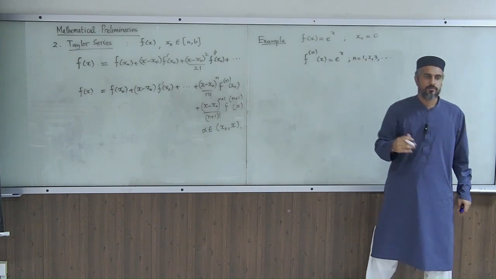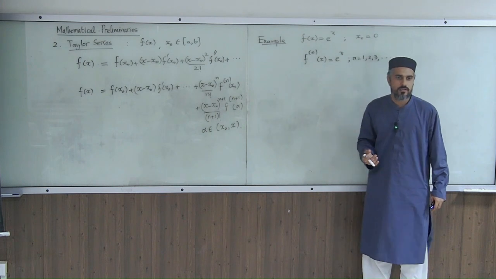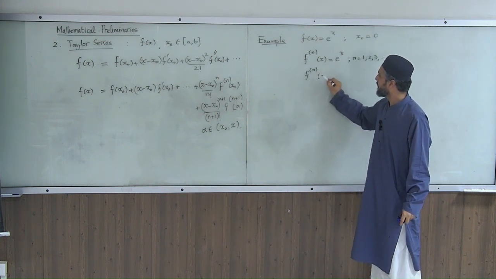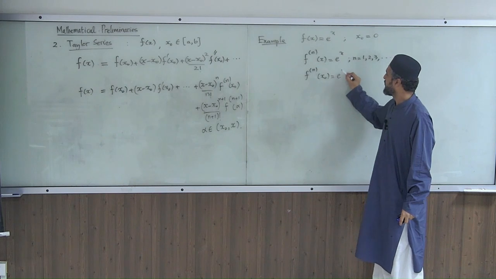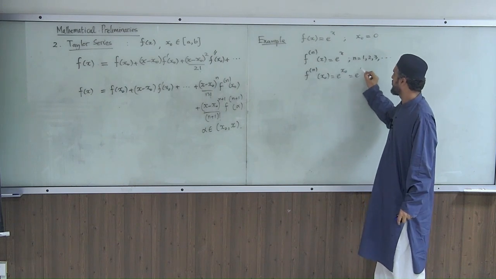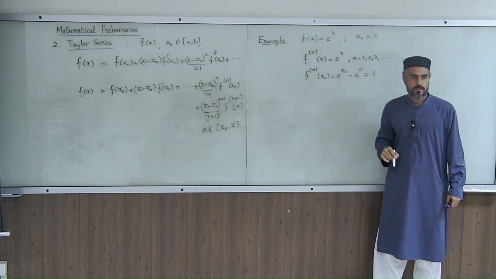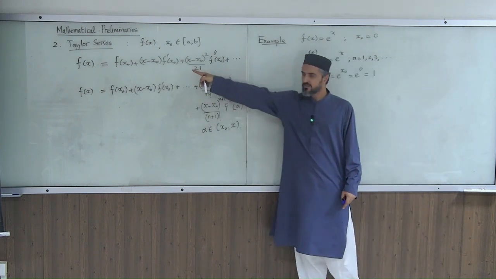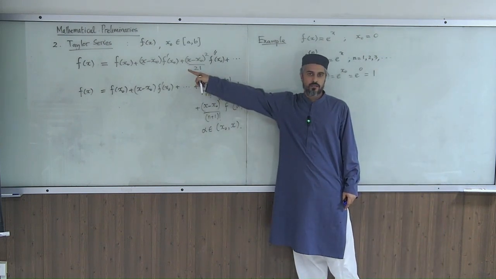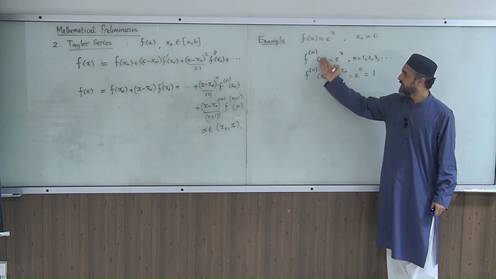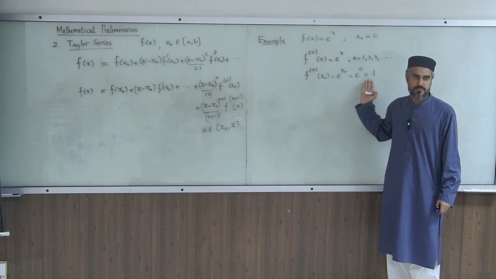First derivative or second derivative or any derivative, if I plug the value x naught, it will be e power x naught. So e power 0, this will be 1.